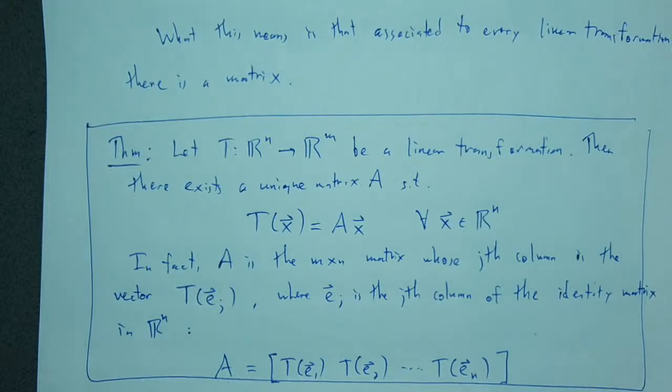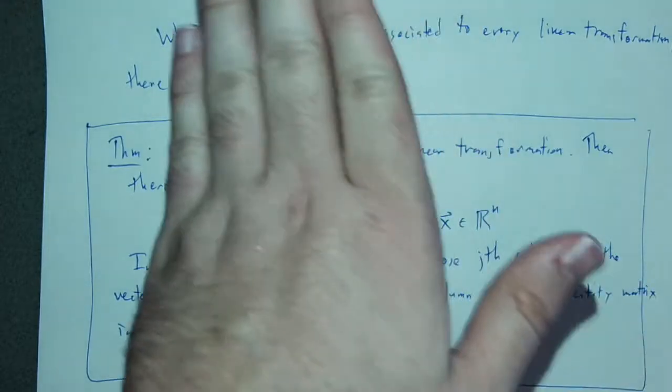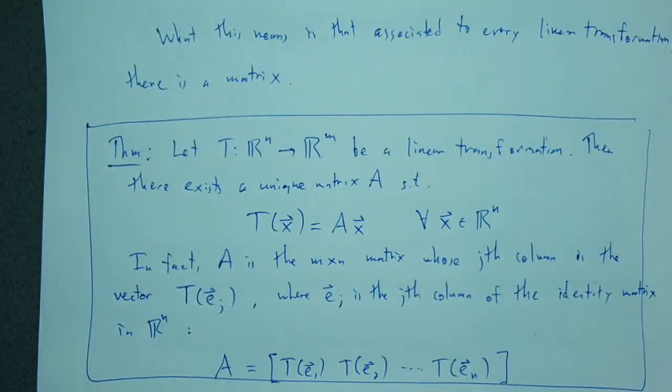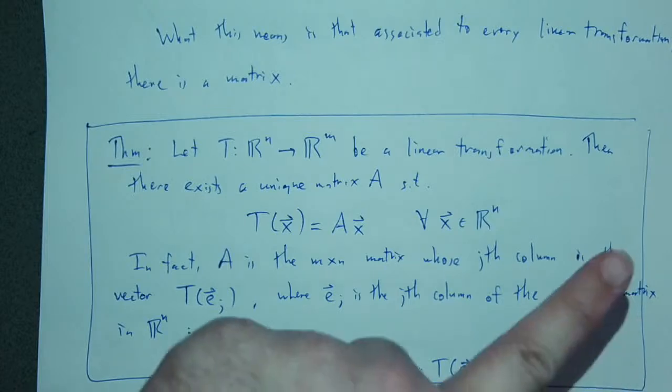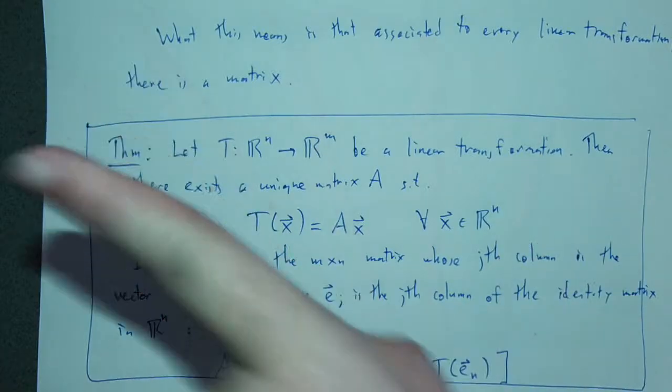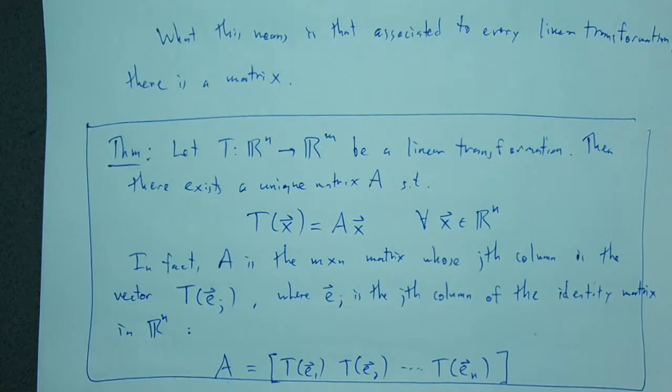I say T is the transformation that takes a vector in R2 and rotates it 90 degrees counterclockwise about the origin.